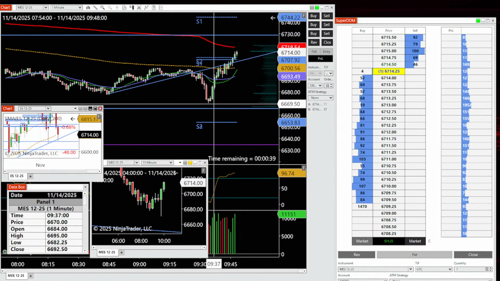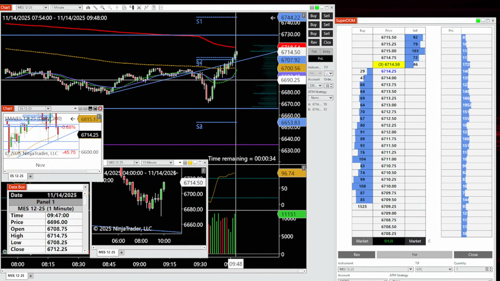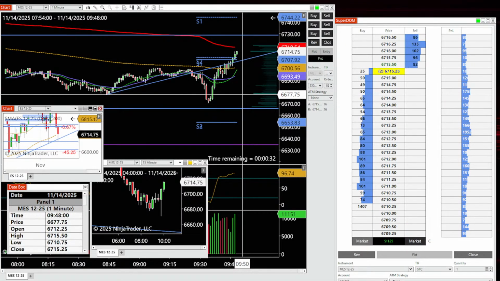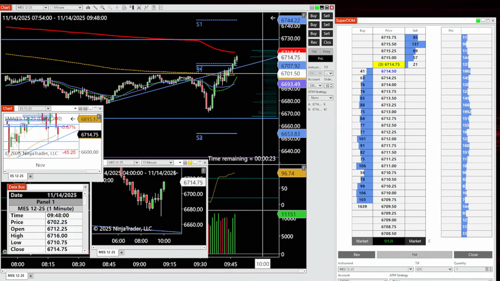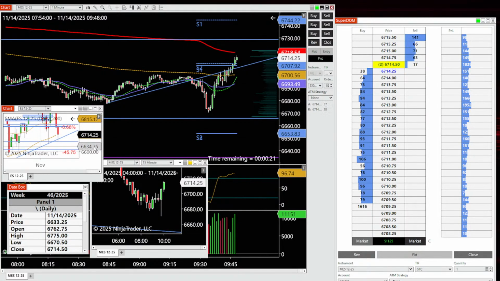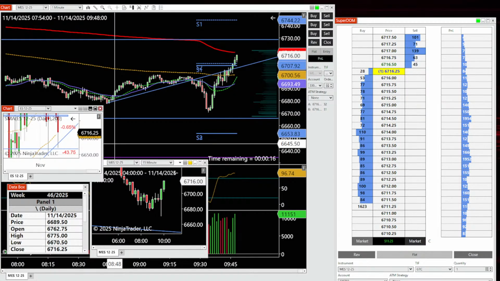We done ran up 70 to 67.15. It can keep running, but between this 15 and 19, I think, but we over the 50 moving average.